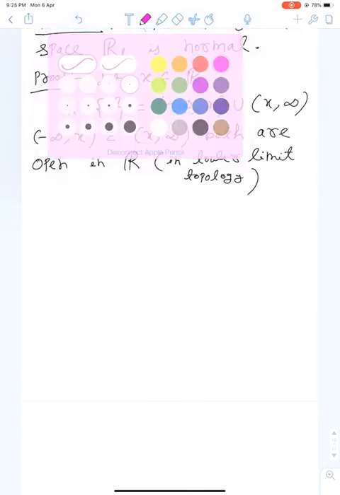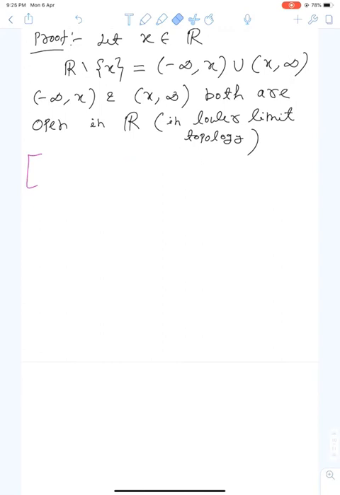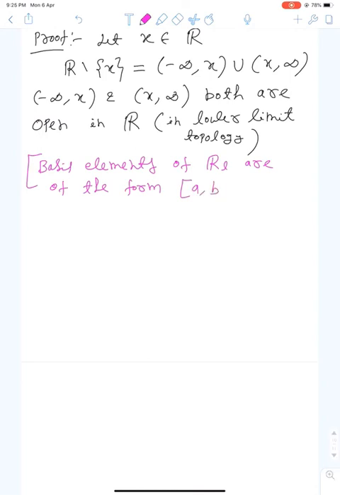Why? Because R_L contains all open sets; the basis elements of R_L are of the form [a, b).